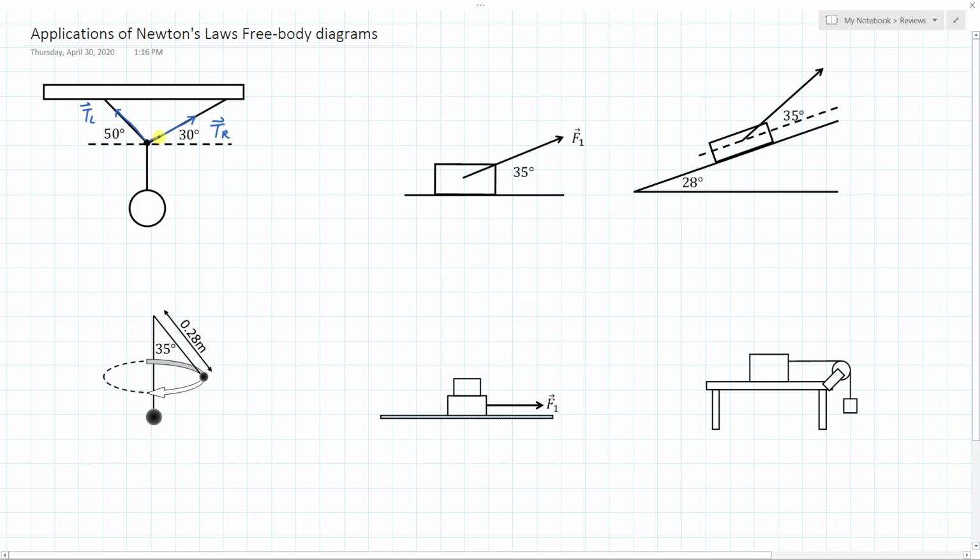We just need to be bound by the direction they give us. And there's also this downward tension, and the downward tension is equal to the gravity of the ball in magnitude, right? So this is a complete free body diagram.